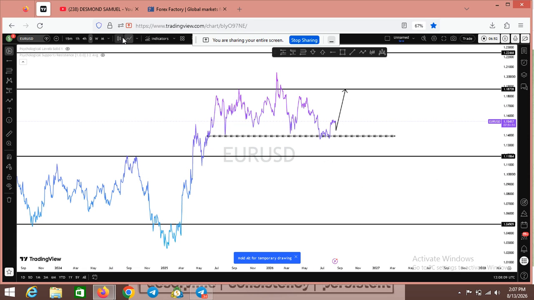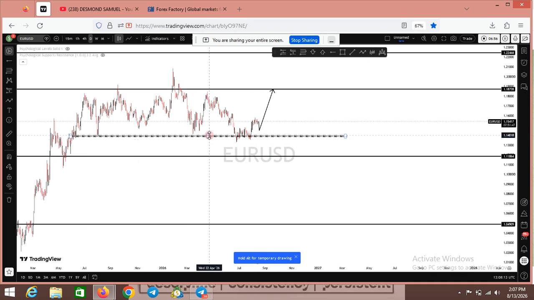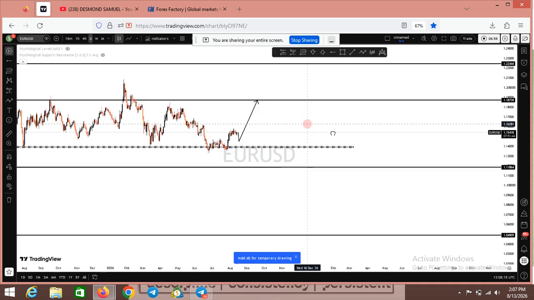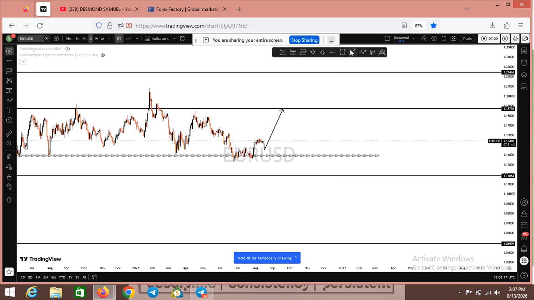So I'm just going to change to a candlestick now. With this candlestick, we now draw our channel line. We have a channel line from this point here. We have a level.